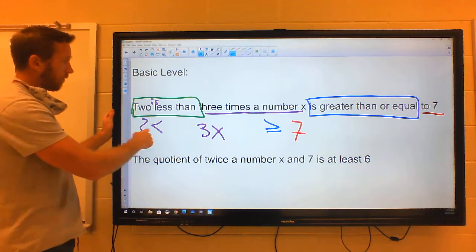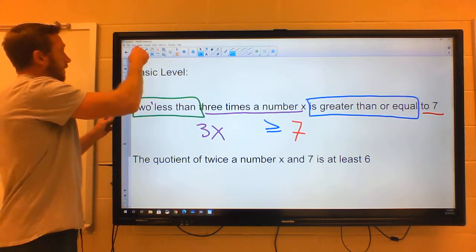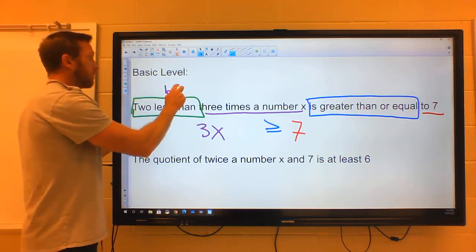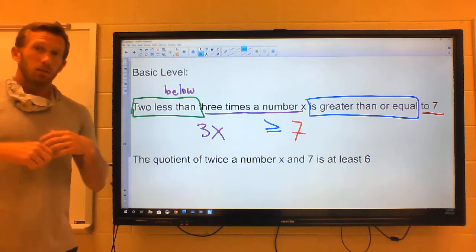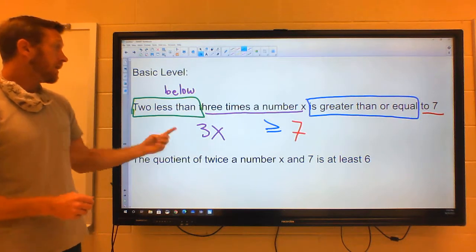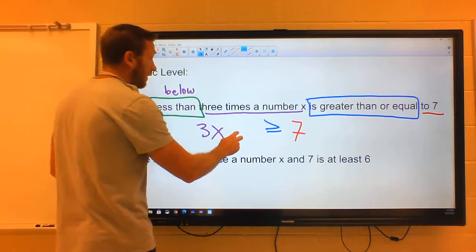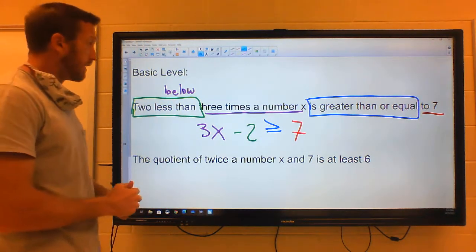That would be wrong. This would be a wrong way of writing it. We do not have the verb is in there. 2 less than just means 2 below. Below means subtracted away from, meaning we're starting at 3 times the number x, and we're going 2 less than that, or 2 below it, or 2 being subtracted from that. All right?